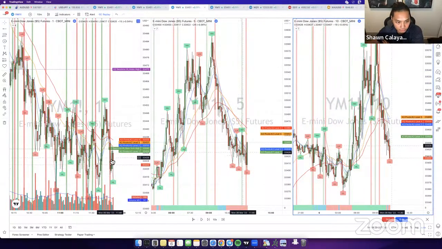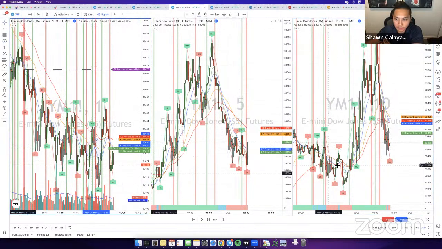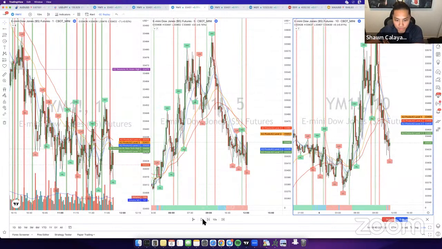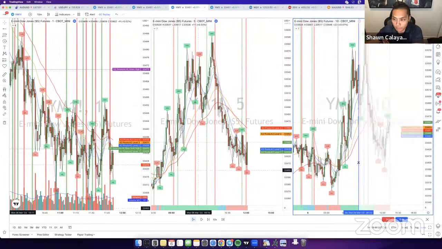So I'm looking at that specific entry that you're referring to right here at 1134. It looks like it's at the session. So I probably wouldn't have taken it because it's at the sessions, but let me look over here on these other time frames. Okay, so it was bearish.